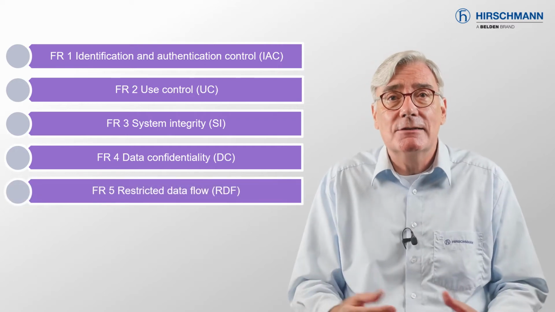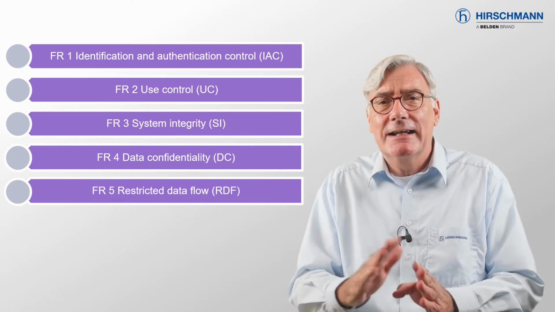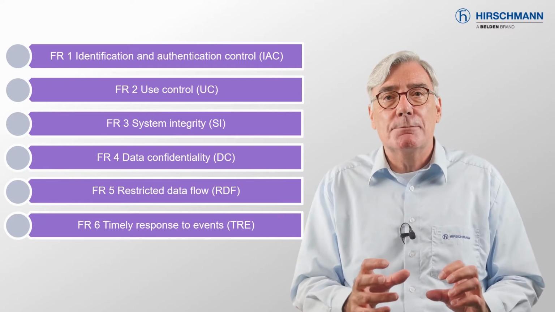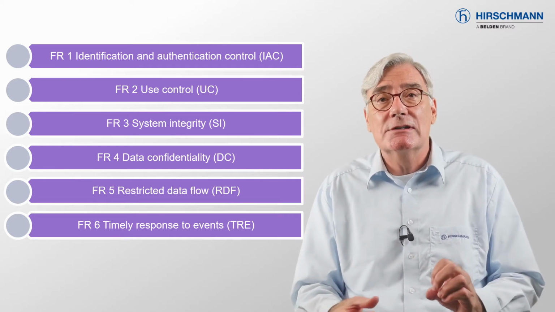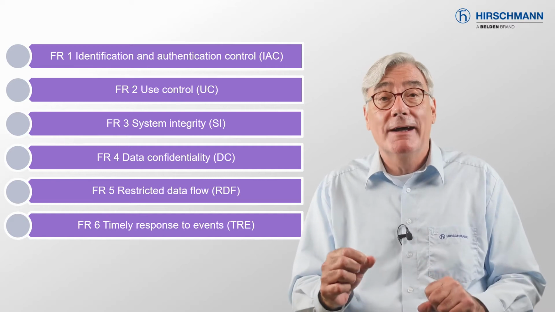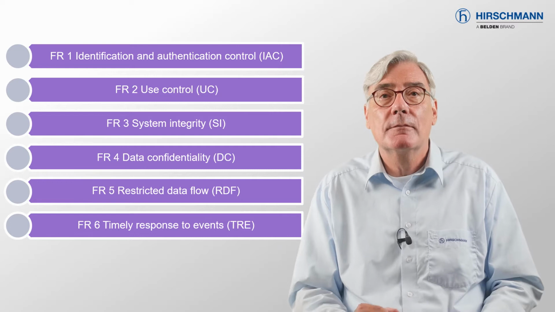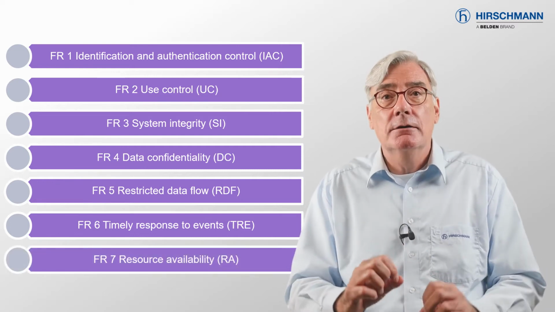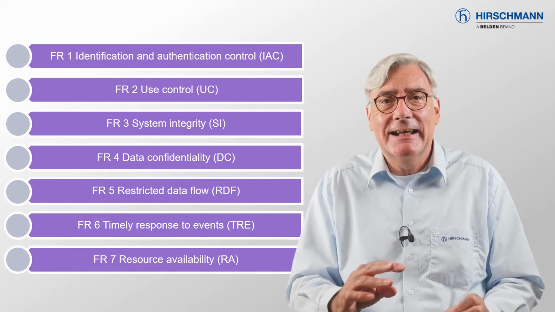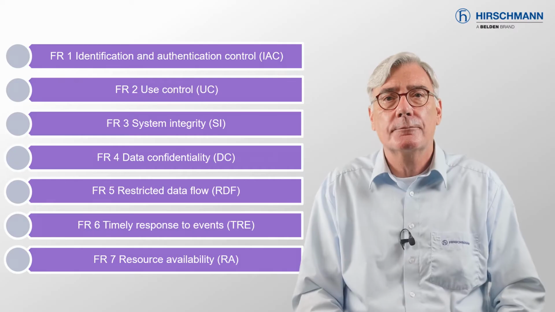FR5 describes how to segment the control system via zones and conduits. FR6 governs the response to security violations by notifying the proper authorities, reporting the violation, and taking timely corrective action. FR7 ensures the availability of components by protecting against degradation or denial of service.